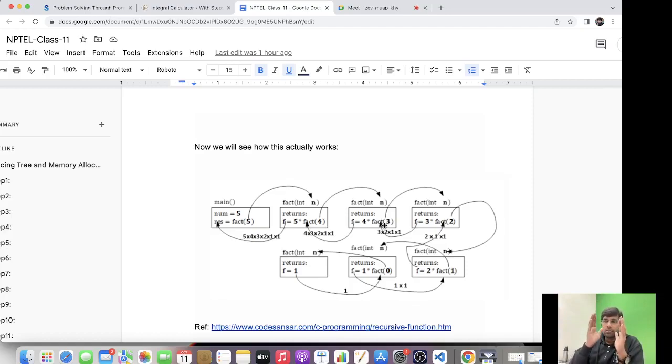So the key thing to understand here is that whenever some function call or interrupt happens, this is a good example to explain. Whenever you type on the keyboard of your computer, each key press will trigger an interrupt.